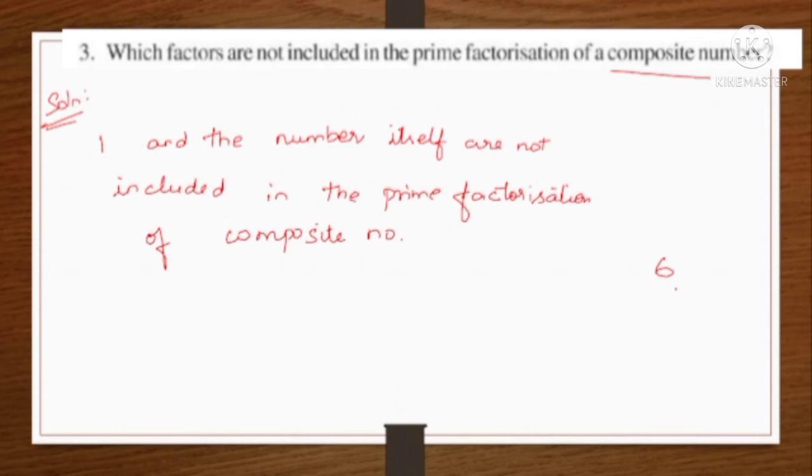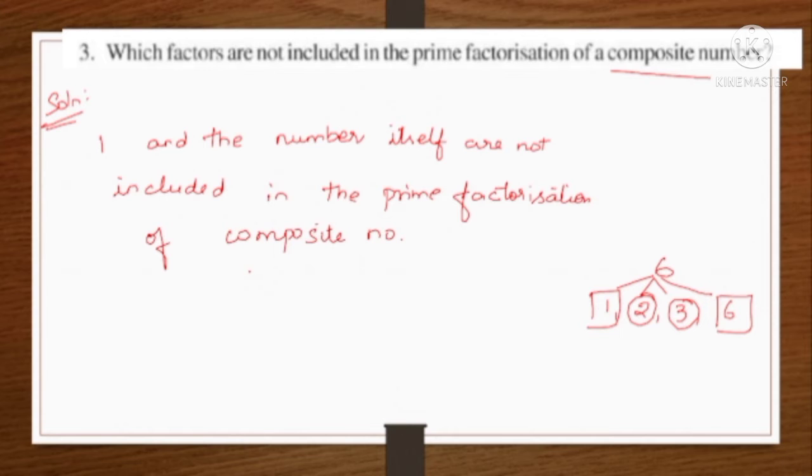Let me consider 6. What are the factors of 6? 1, 2, 3 and 6, isn't it? In these factors, which are prime numbers? 2 and 3 are the prime numbers. So what does this mean? This means that in prime factorization, we won't include the number 1 and the number itself. So we conclude that 1 and the number itself are not included in the prime factorization of a composite number.